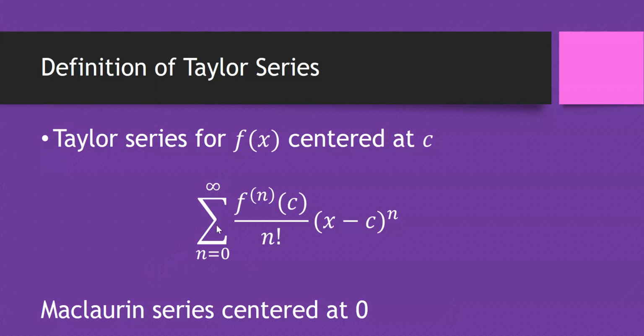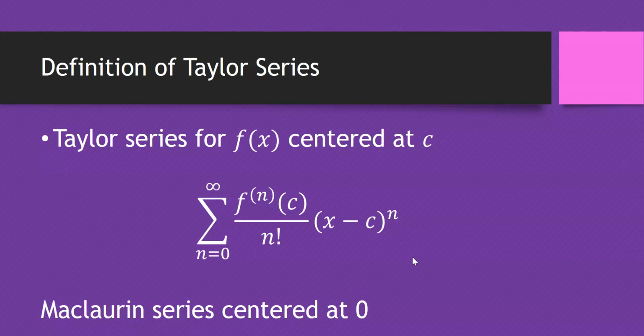The Taylor series is defined as: take each term as the nth derivative of f, plug in c, divided by n factorial, times x minus c to the nth power. And obviously we're going to sum that up from n equals 0 to infinity. And just like we had with the Taylor polynomials, we call this a Maclaurin series when you center this at 0.